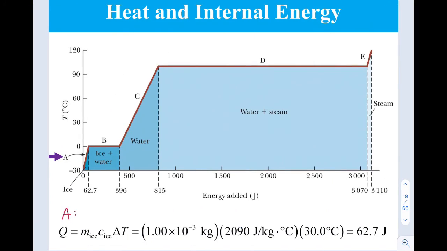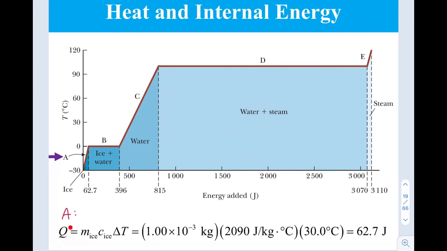The common process that we all experience in our daily life is heating up ice, melting it, and then increasing its temperature until it reaches the boiling point, where it converts and completely becomes steam, and finally the steam is heated up. For process A here, from negative 30 to 0 degrees Celsius, we do observe a change in temperature.